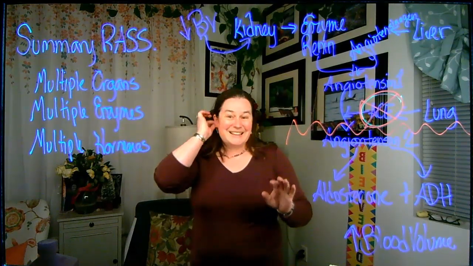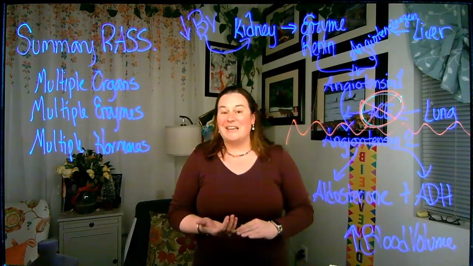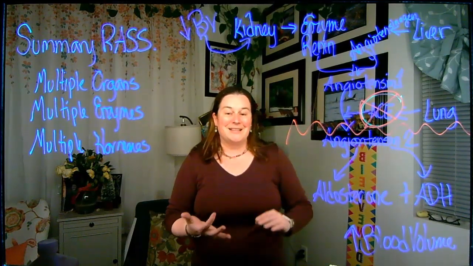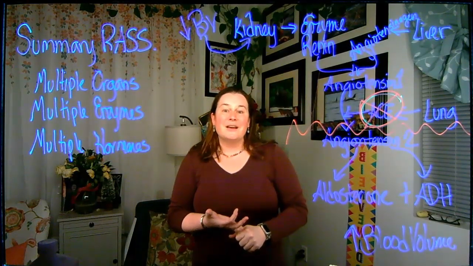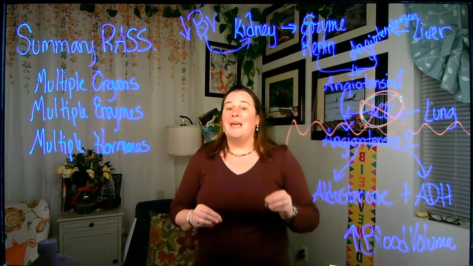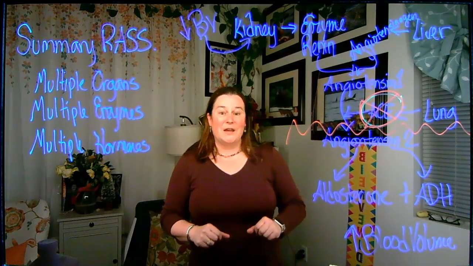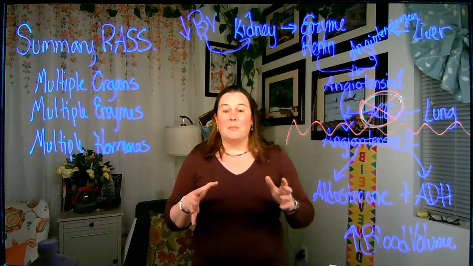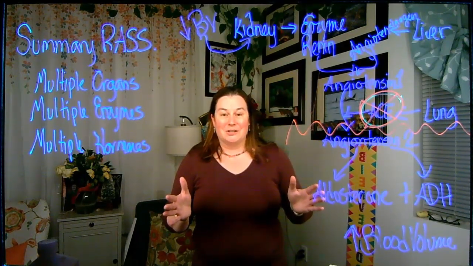However, this is a key feedback loop. This is key to blood pressure. This is key to your future pharmacology classes, key to your future patho classes. And we even discovered that COVID exploits part of this hormone feedback loop in its ability to cause disease. So do yourself a favor and ingrain this one in your memory, even if it's the only one you bother to learn long term.